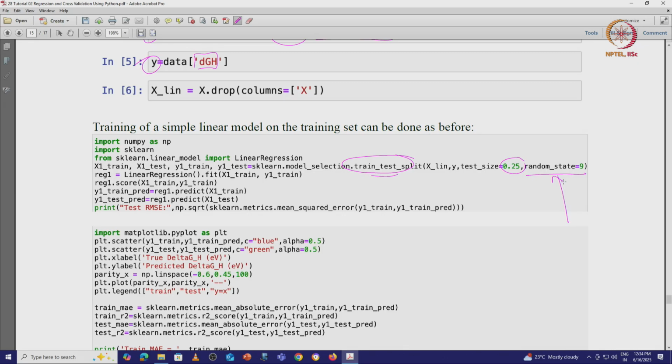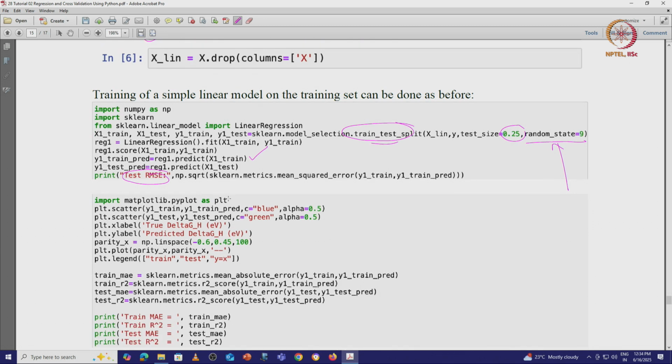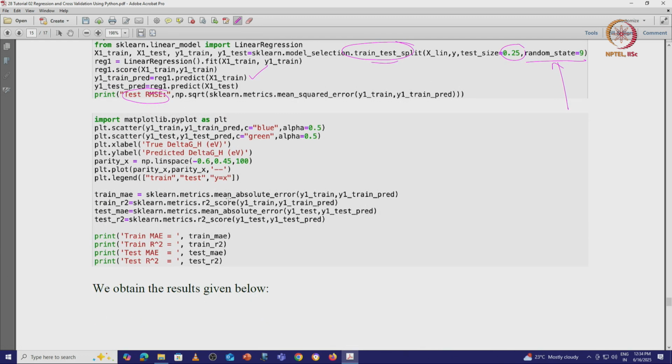So here I am printing things like the test RMSE, but we do have the R square as well for both the test and the train data. And we also made a parity plot here. These are again standard commands using matplotlib, and by now you must be familiar with it.